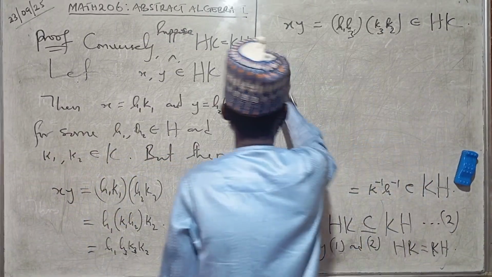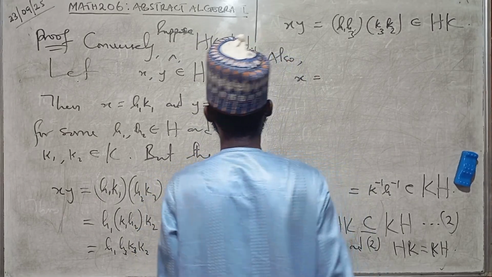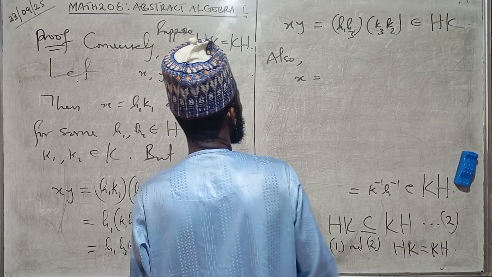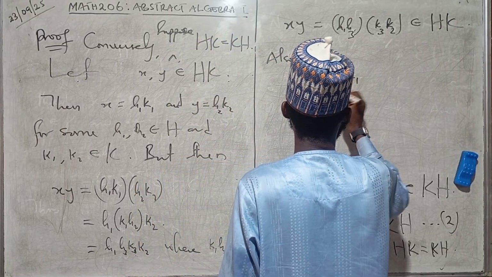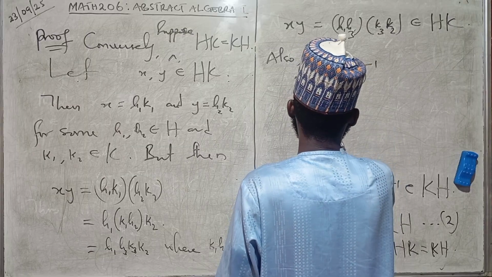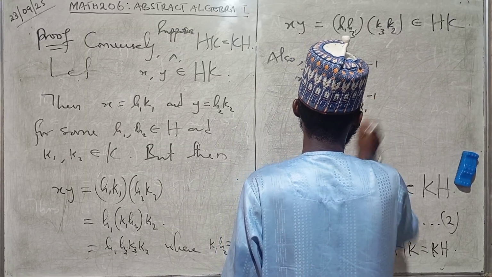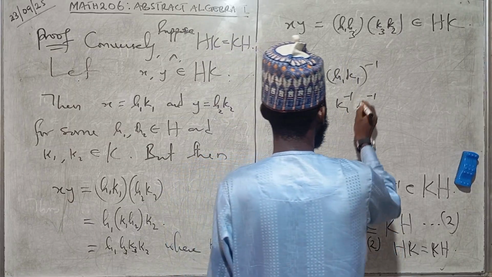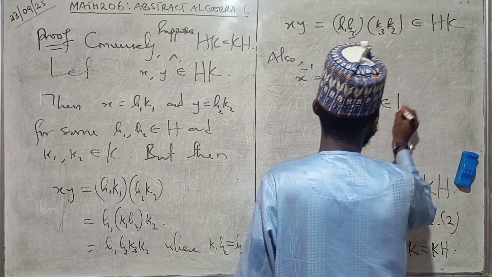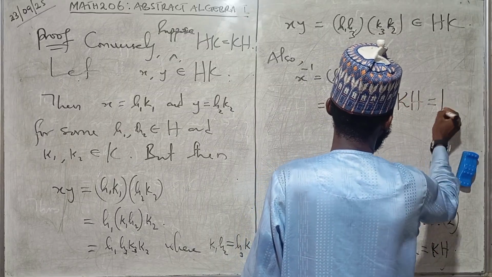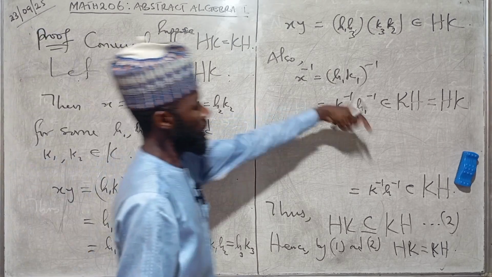Okay, also x inverse will be (h1 k1) inverse, but that will be k1 inverse h1 inverse, and k1 inverse h1 inverse would be what? An element in KH, but that is HK by assumption, and so therefore it is inside HK.